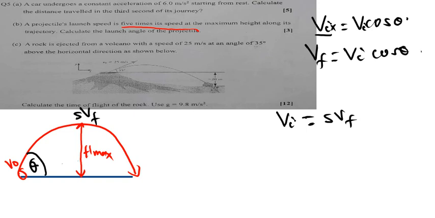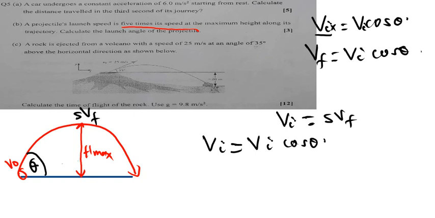Okay, so if they are the same, we are saying that v initial is equal to 5 v final, meaning that at this point where there is initial here, I can replace it with 5. I can even start with this one here. We are saying that v final, or just v initial in this case, is equal to v initial times cos theta.